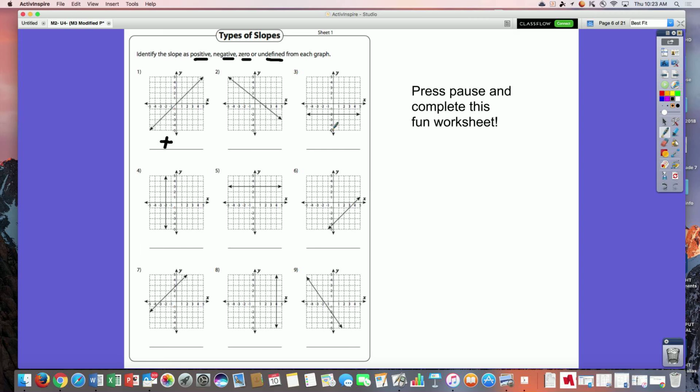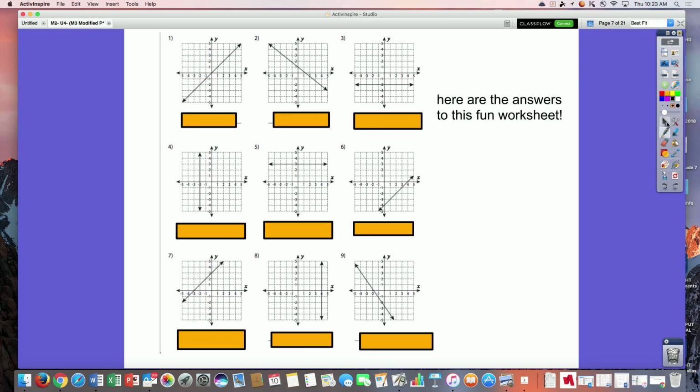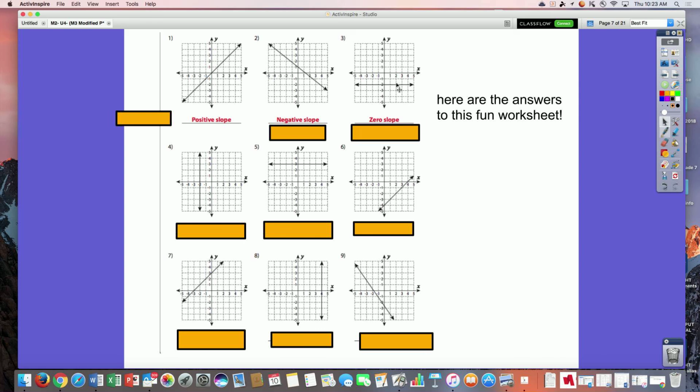Bacon! Hey, welcome back. Let's go over some of those answers. I did the first one for you, of course. Positive. This one left to right. Negative. This one, it's kind of 0, right? Let's go 0. It's not positive or negative.